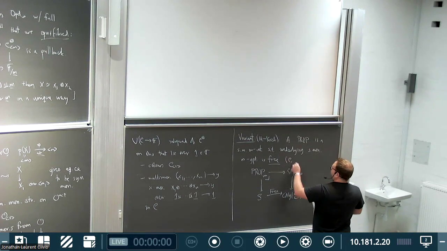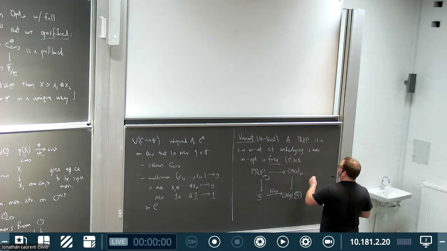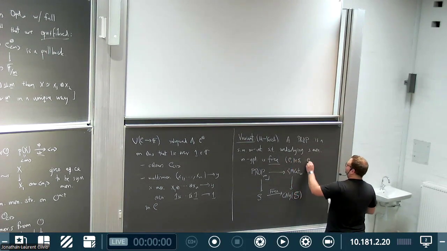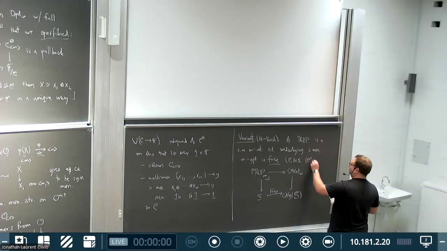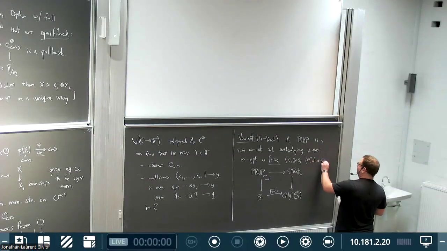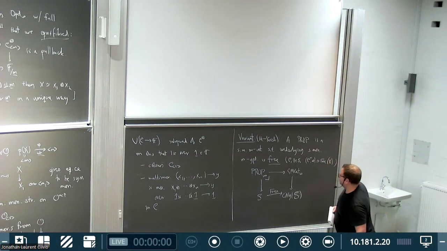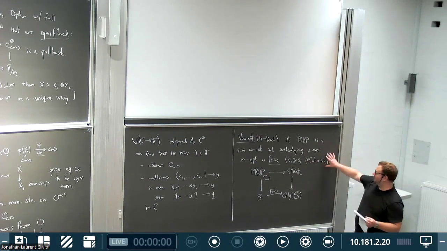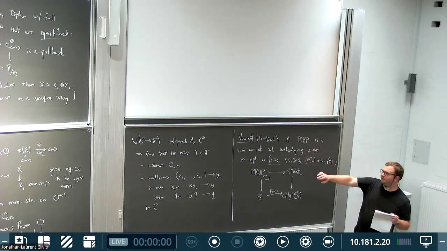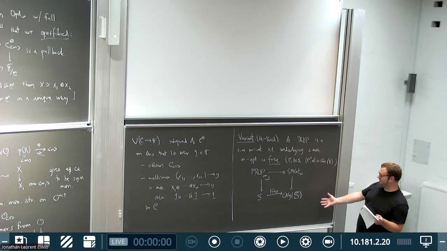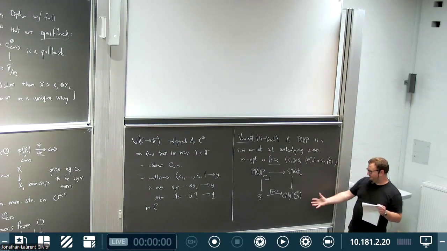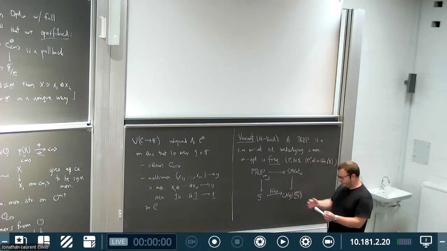And so if you look at an envelope, the underlying infinity groupoid of an envelope is always of this form.